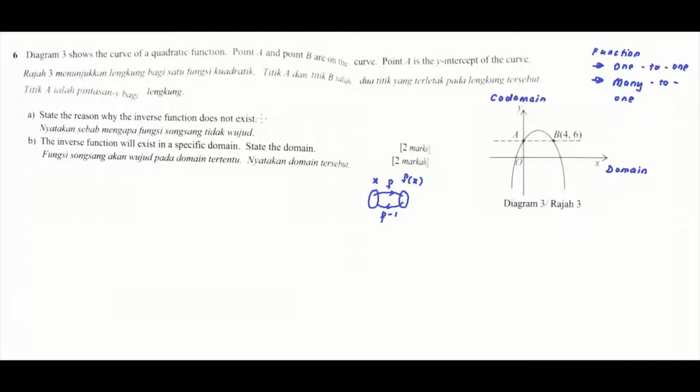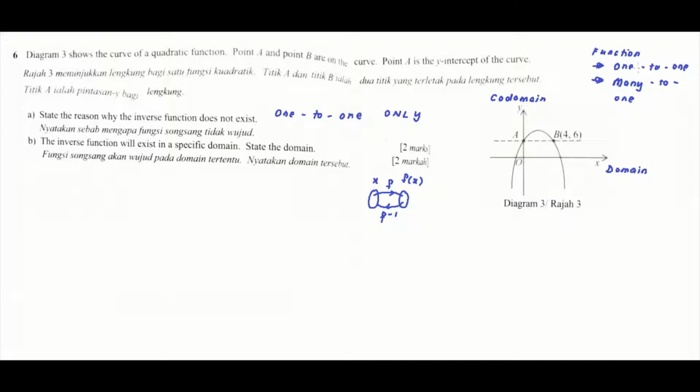So the idea that you can remember is that for an inverse function to exist, it must be a one-to-one function only. Otherwise, there will not be an inverse function.